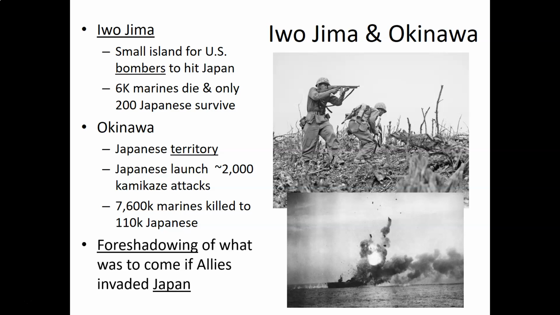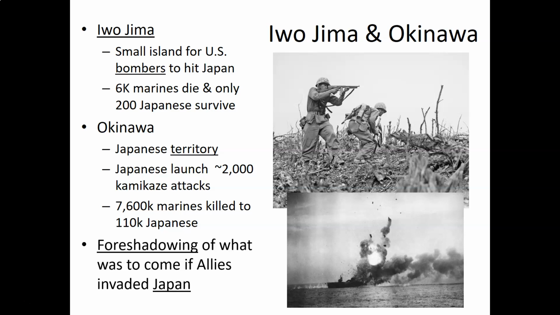You're going to have 6,000 Marines die, and really what the Japanese would do throughout the war is they typically wouldn't surrender. And here's a good case of it. Of the thousands that were on the island, only 200 survived because the majority of them either killed themselves or fought to the death. And then at Okinawa, this one's significant because Okinawa was actually Japanese homeland territory. And the Japanese launched desperate attacks, whether it's through kamikazes or the defense of the island, to protect these home territories.